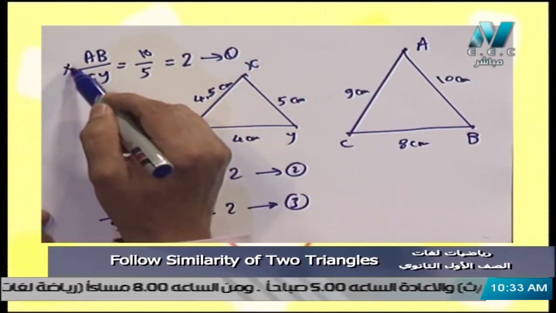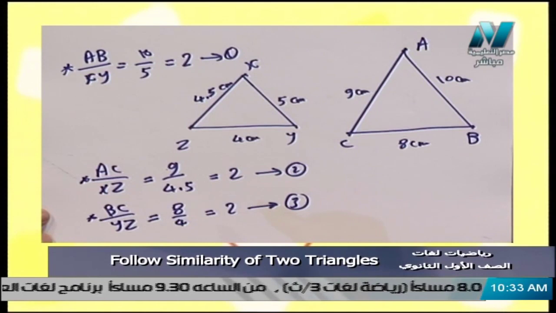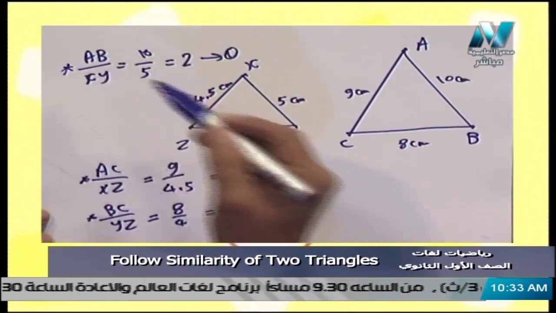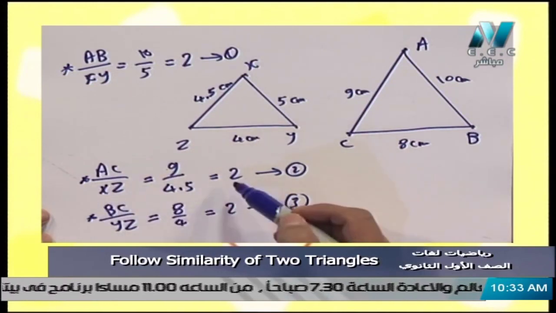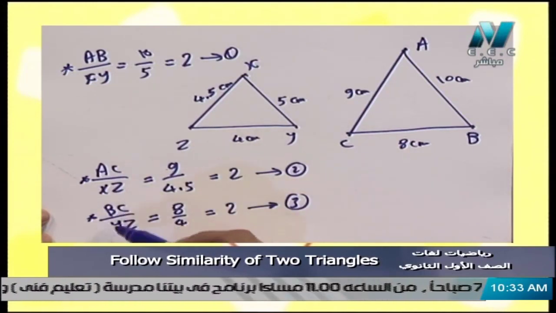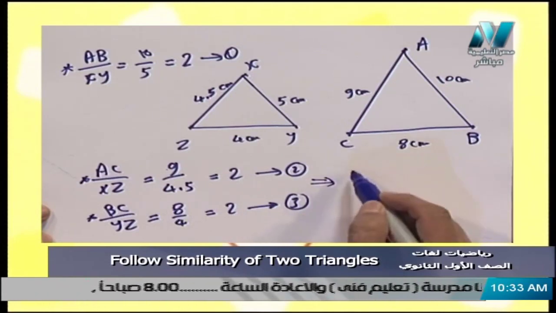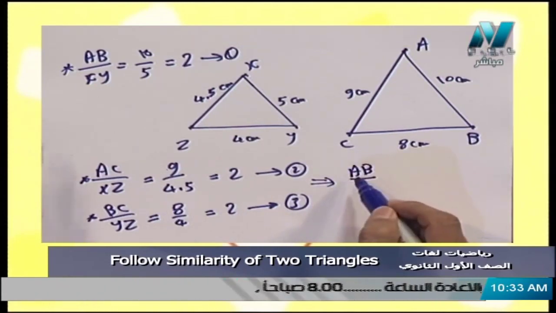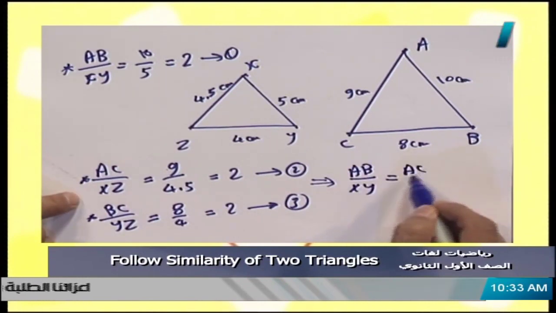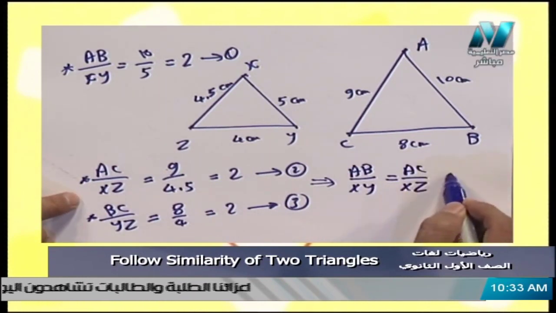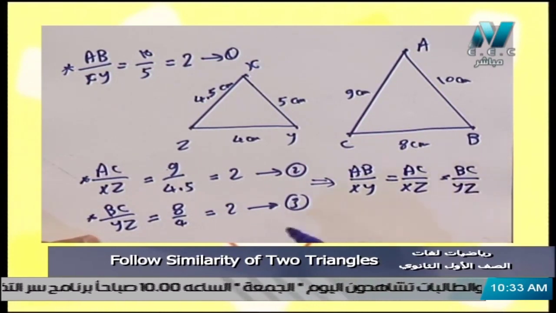So from 1, 2, and 3, we will deduce that AB over XY equals AC over XZ equals BC over YZ.